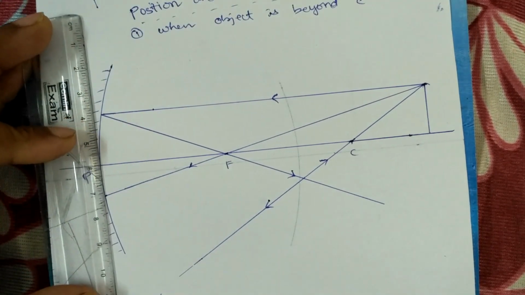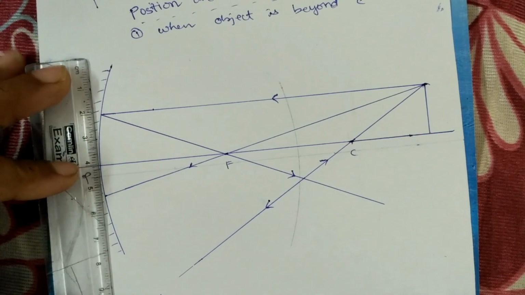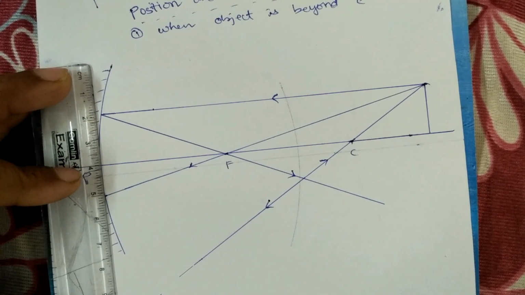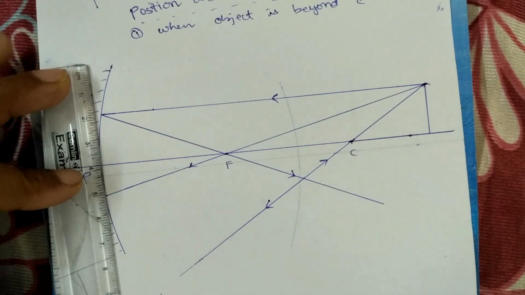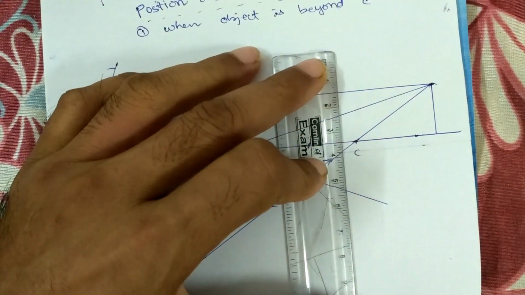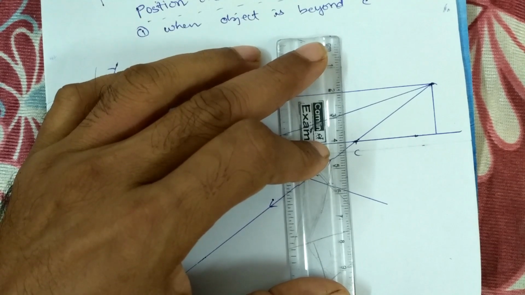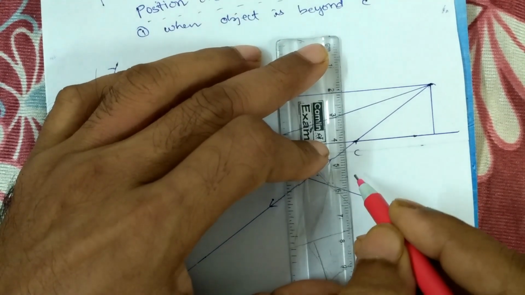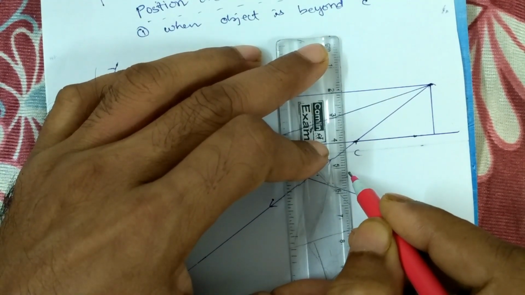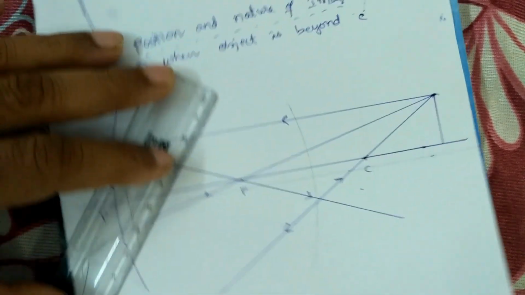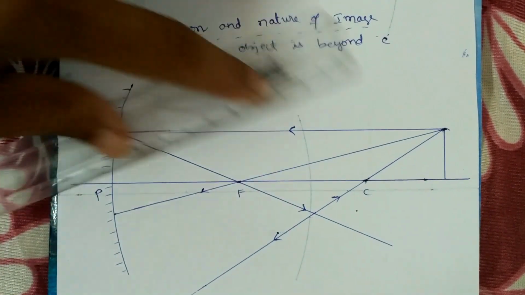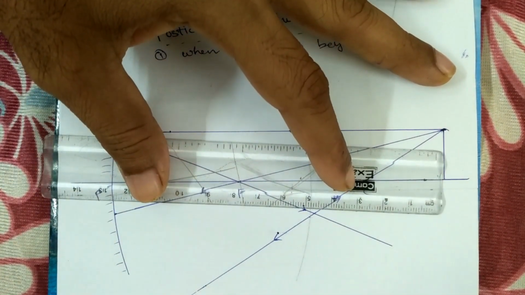Let us check the distance of this. It is at a distance of exactly 12 centimeters. With 12 centimeters, I keep a point here. Sorry, I should not rotate it.